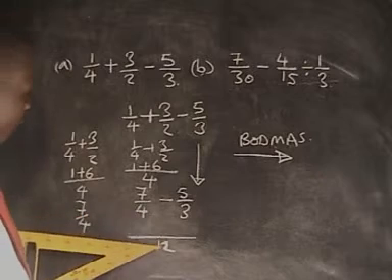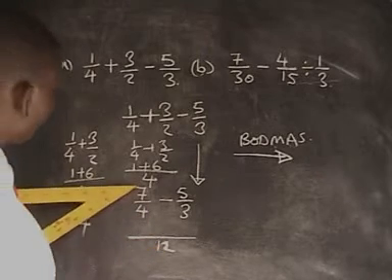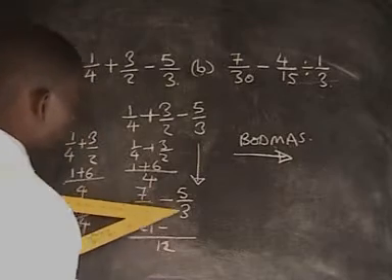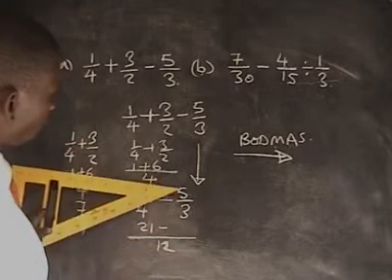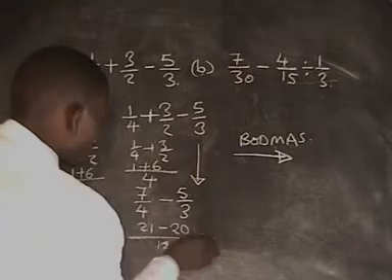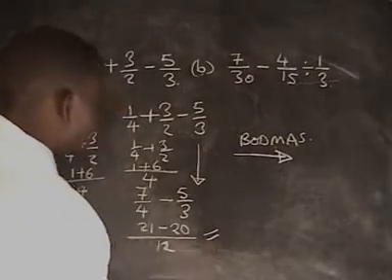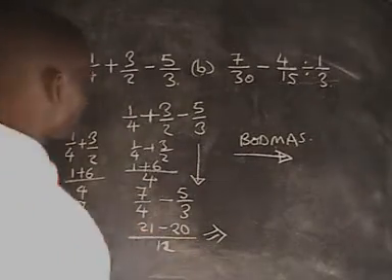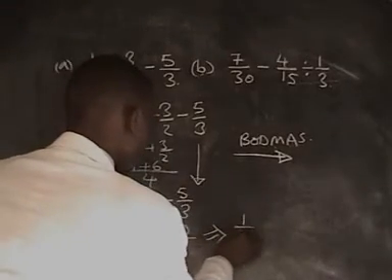So 4 into 12, it is 3 times. 3 times 7, it's 21. Then minus 3 into 12, it's 4. 4 times 5, it's 20. So from there, this leads to 21 minus 20, you get 1 over 12.